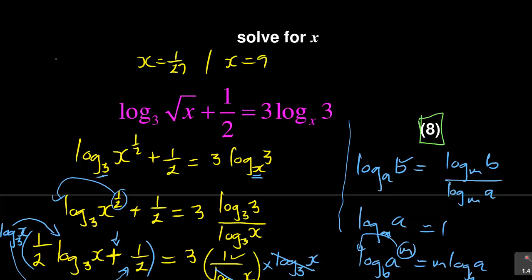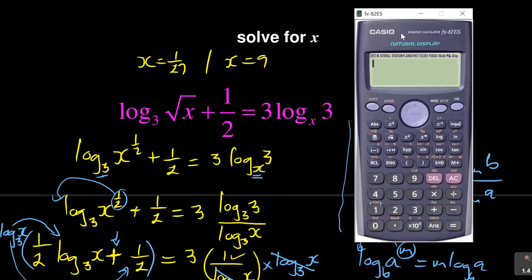So you can test the first one. Remember, when you're testing, look at the left-hand side and the right-hand side. It must balance. So you've got log base 3 of the square root of the first one, which we said was 1/27, plus a half. This is giving me -1 on the other side.